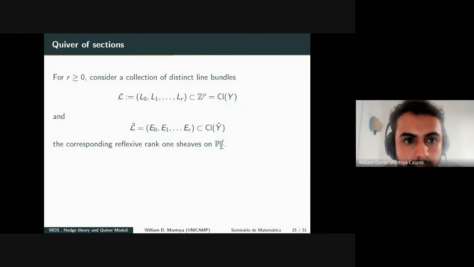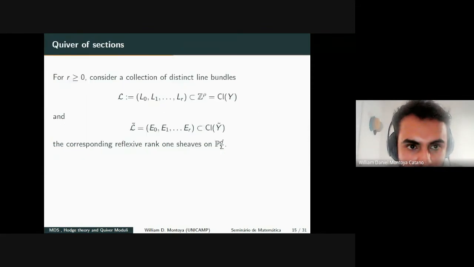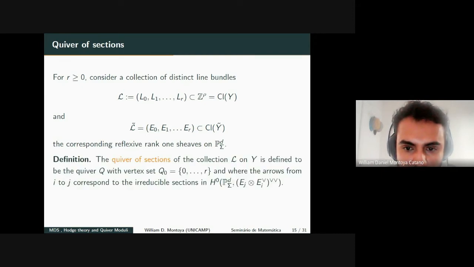Now, I would like to explain how, given a collection of line bundles, you can construct a quiver. The way to do it is like this. You have, let's say, r plus one line bundles, which, remember, for the construction of the embedding of every Mori dream space in a toric variety, all of these are coming from some reflexive rank one sheaves, and each of these is going to represent a vertex.